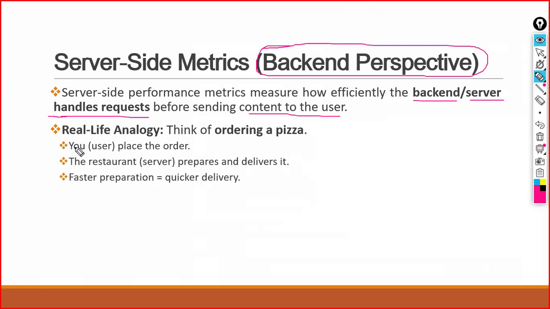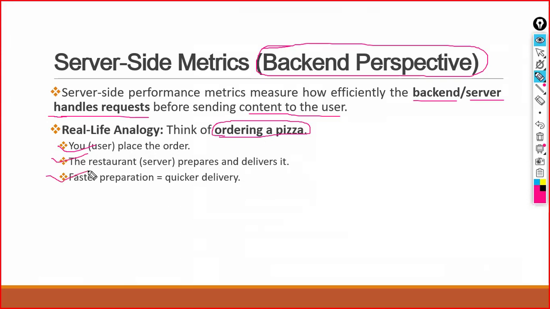Okay, always we need to understand with one real life analogy, right? So let us try to understand with this example: you are trying to order one pizza. You place the order, and the restaurant is going to prepare and deliver it, right? In this case, you are the user and the restaurant is the server.